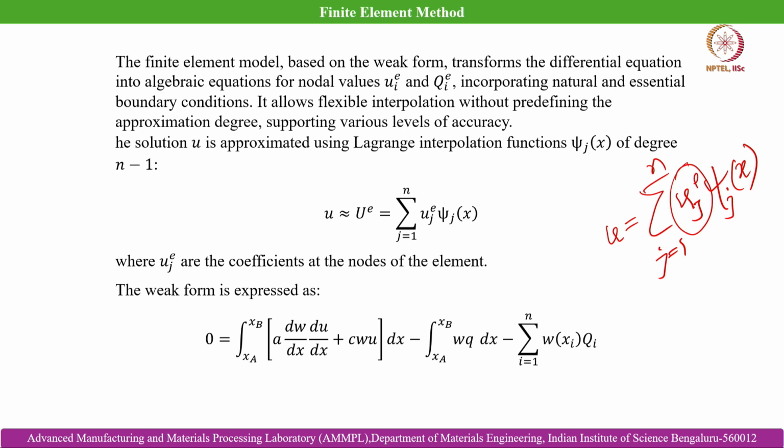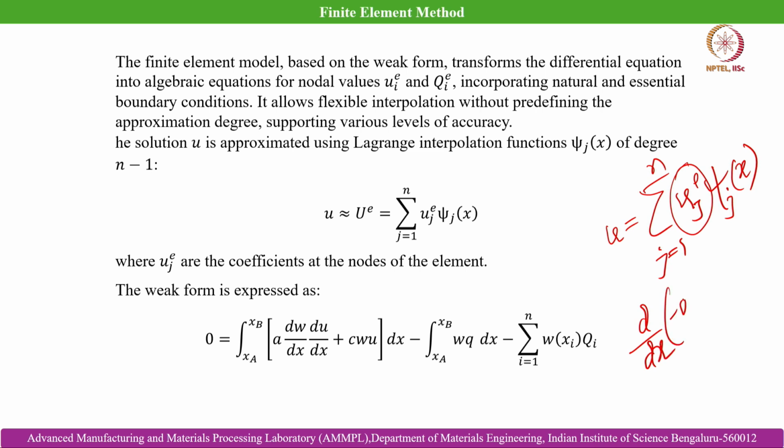Please recall that in the last class we discussed the differential equation that we chose for generating the weak form. This is the differential equation, minus d/dx of (a du/dx) plus c u minus f equal to 0, and this is the weak formulation when we equate the integral of this equation to 0.